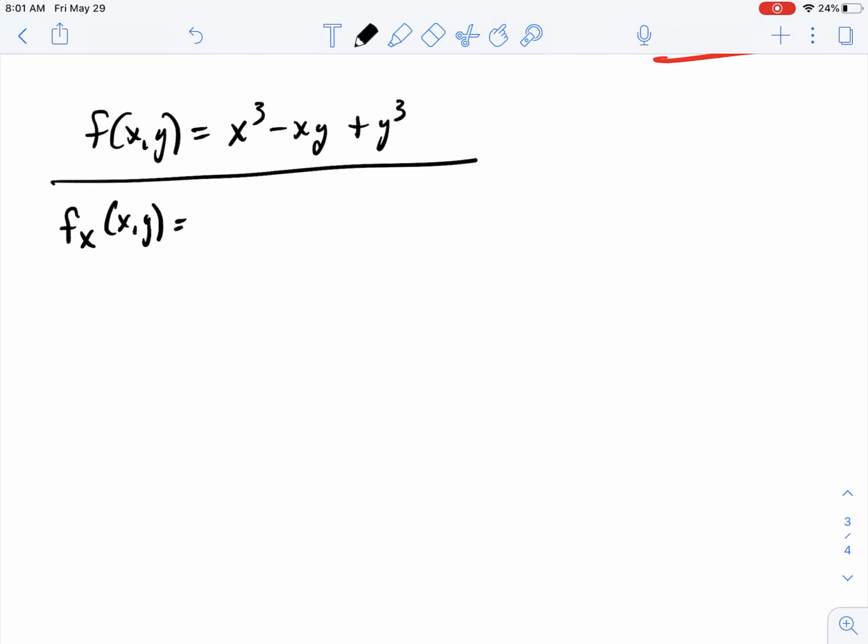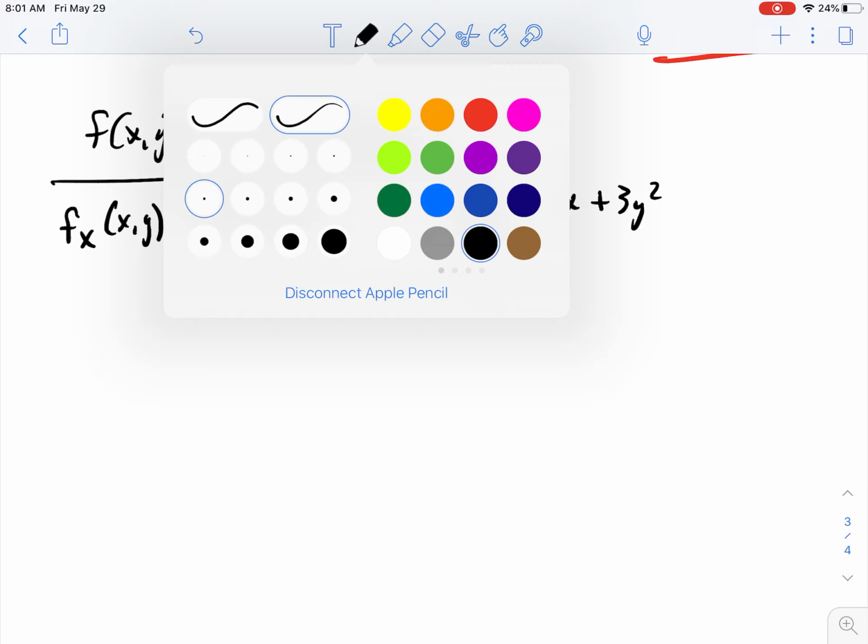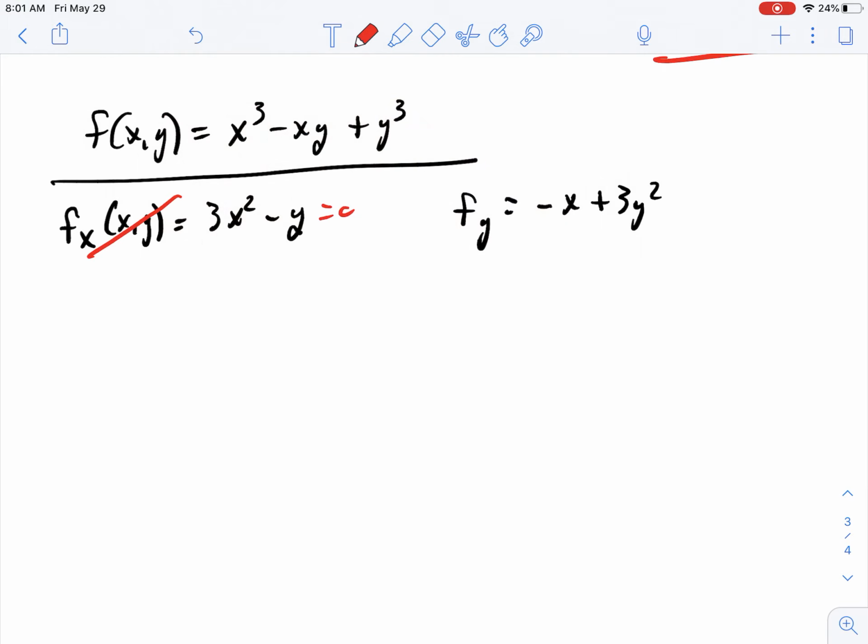Okay, so to find my critical values, take the first partial derivatives of x and y. So the partial derivative of x would be 3x squared minus y. The partial derivative of y would be negative x plus 3y squared. Set each equal to 0.